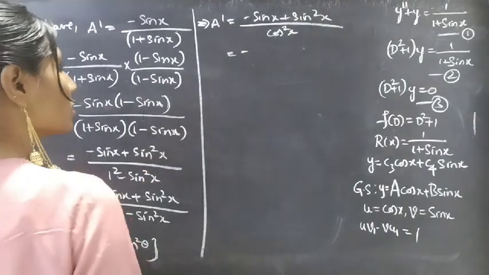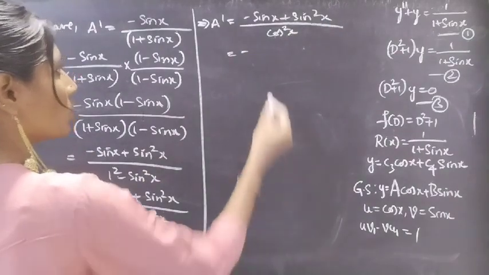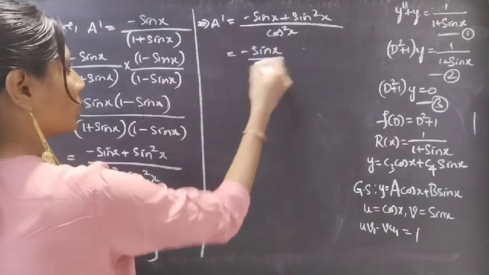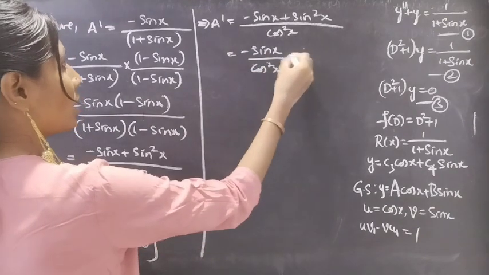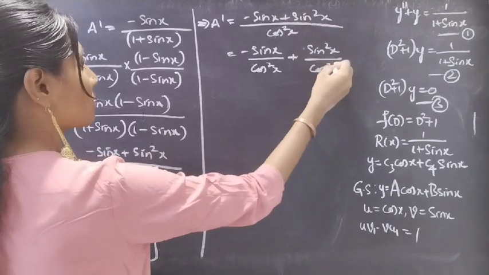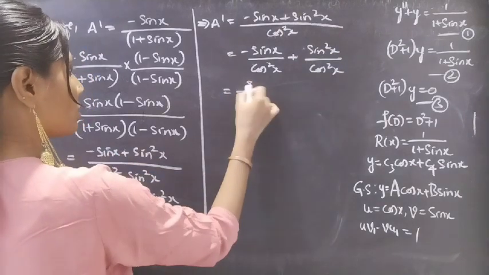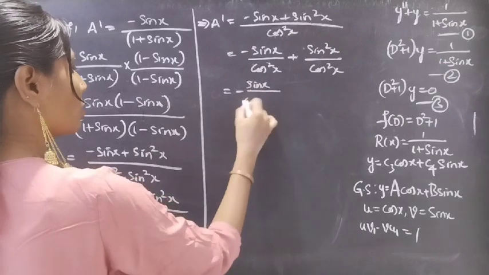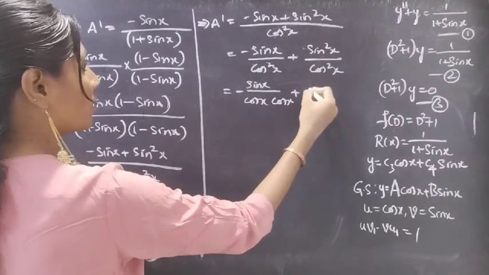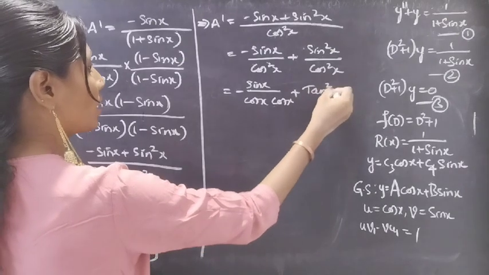Now we have two terms in the numerator and one term in the denominator, so we'll split the total fraction into two fractions. We'll get minus sin x by cos square x plus sin square x by cos square x, which equals minus sin x by cos x into cos x, plus sin square x by cos square x, which is tan square x.